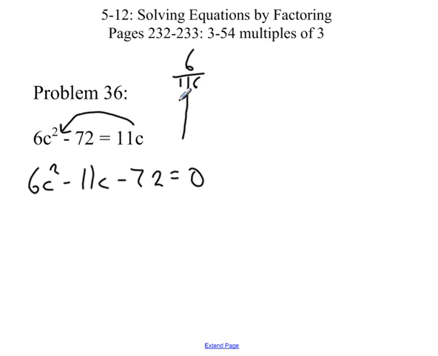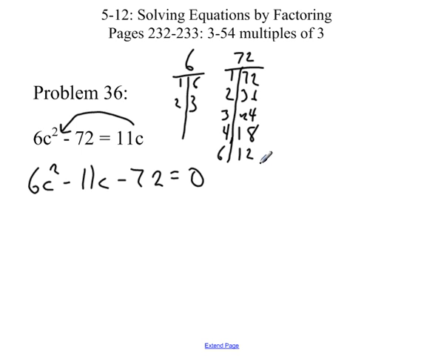6 has 2 factor pairs. And 72 has a couple more. You have 2 and 36, 3 and 24, 4 and 18, 6 and 12, and 8 and 9.